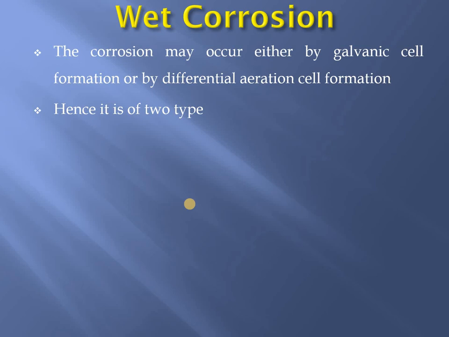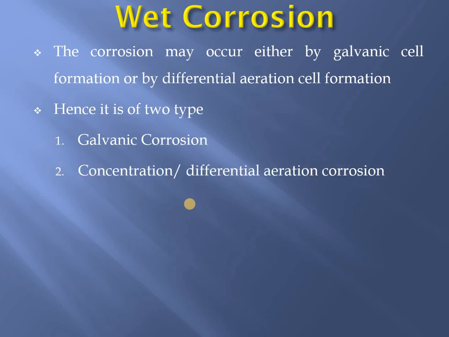First is called galvanic cell corrosion and second is called concentration cell corrosion or differential aeration corrosion. As wet corrosion takes place due to the formation of an electrochemical cell, it is also called electrochemical corrosion.